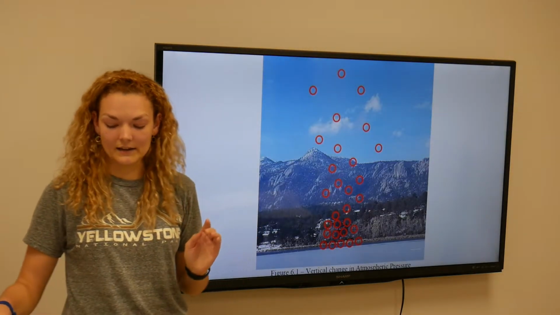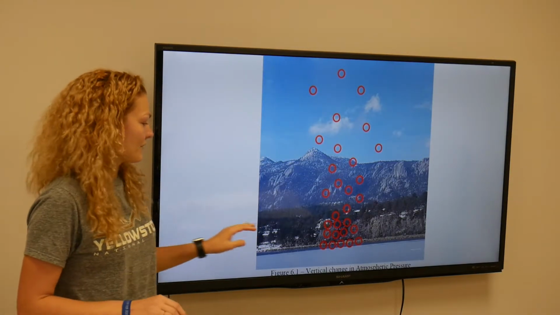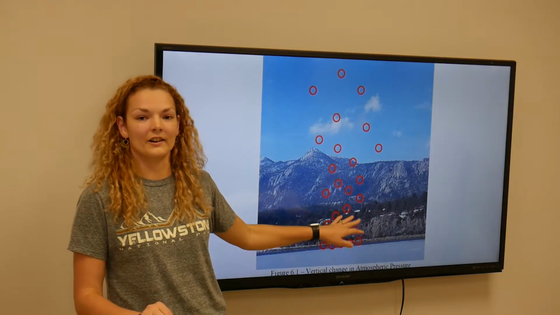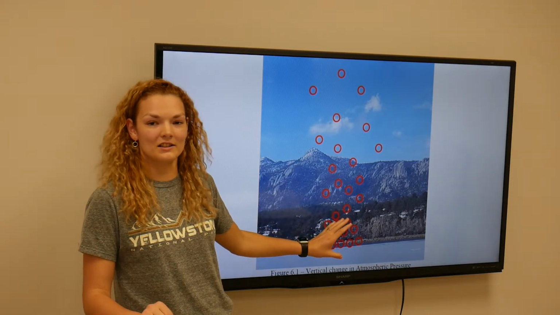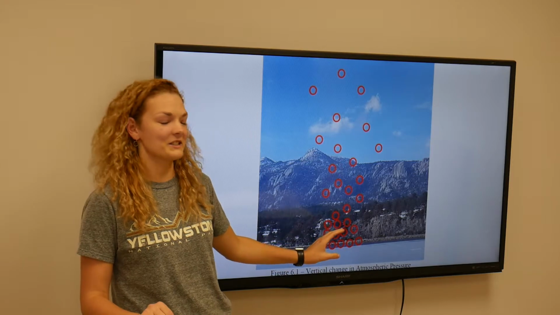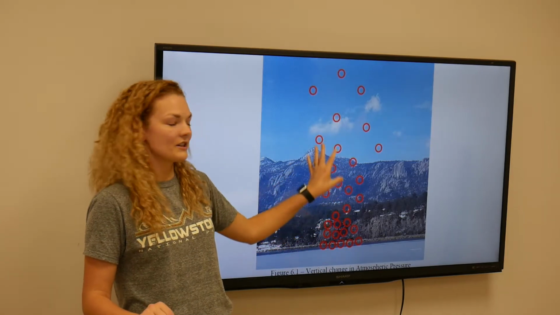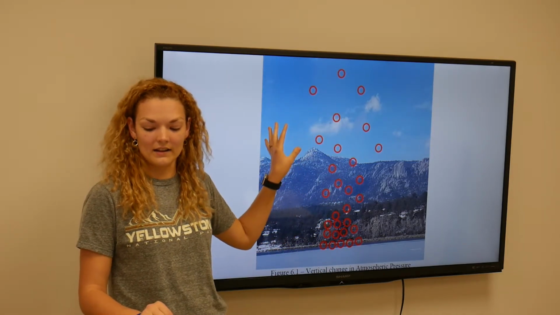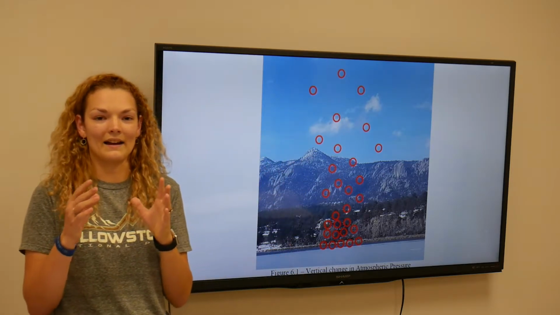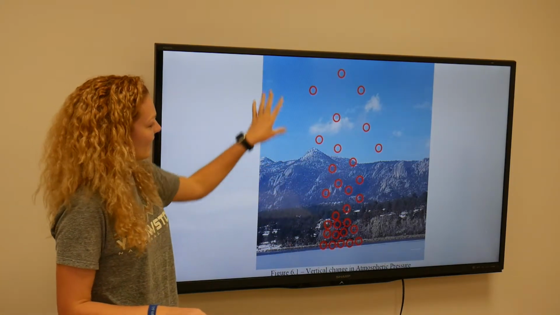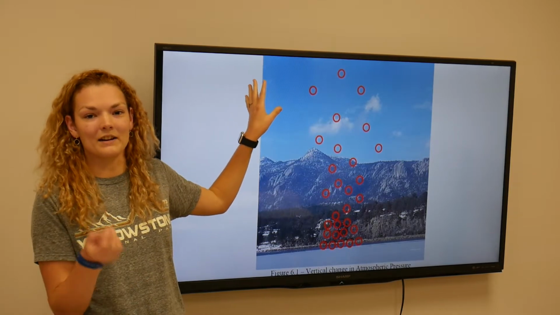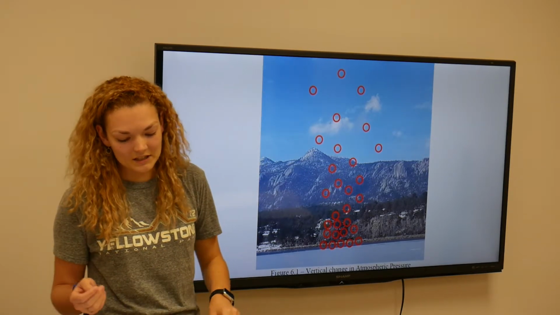So this is an example in your lab manual. Like we said, pretend these little red circles are your gas molecules, and they're really concentrated towards the Earth's surface. As you go up, they start to spread out and get less dense or less tightly packed. They spread out as you go up because there's less gravity pulling them down.